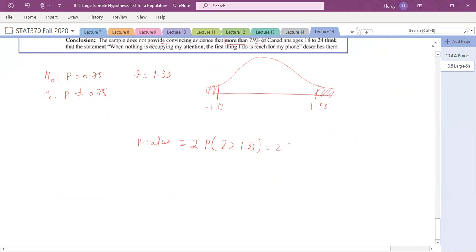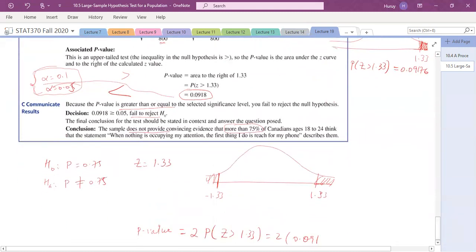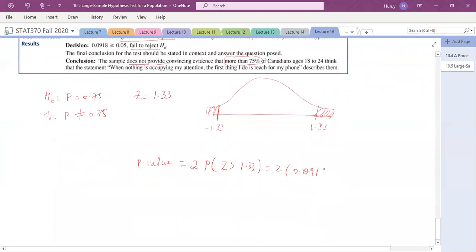So you just multiply this by 2. This is the same value that we had earlier. For the previous alternative hypothesis, we took only one area, but now we are doubling it because of the choice of our alternative hypothesis.